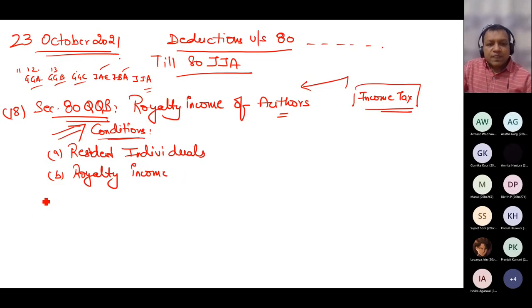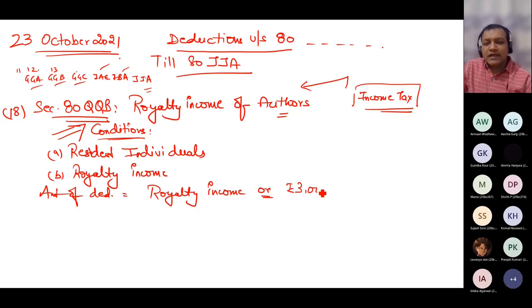In this case, the amount of deduction is royalty income earned or maximum 3 lakh, whichever is less. So 3 lakh is the maximum limit under 80QQB.